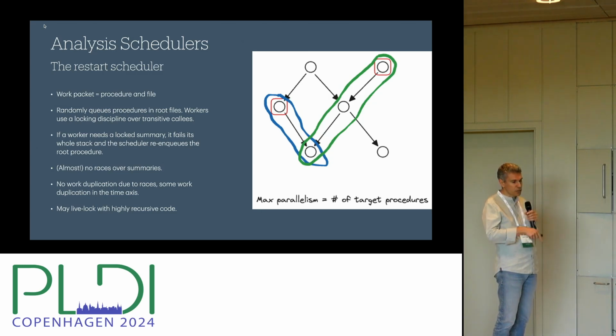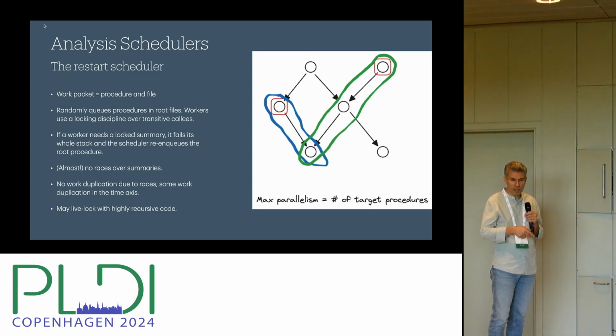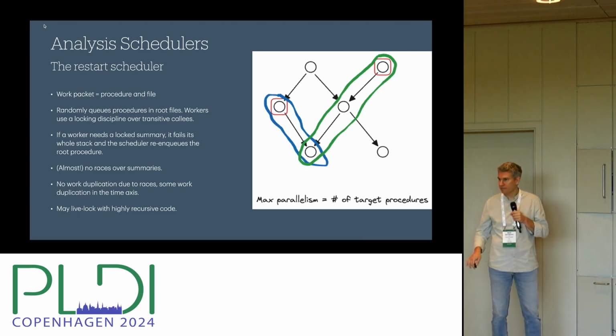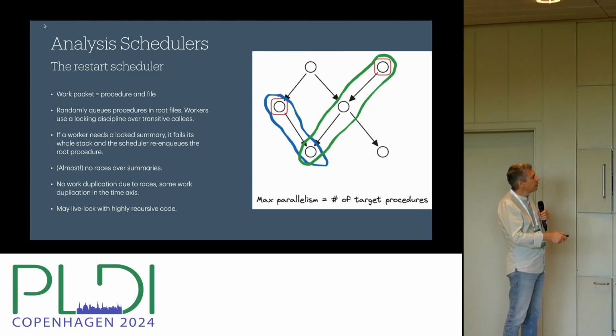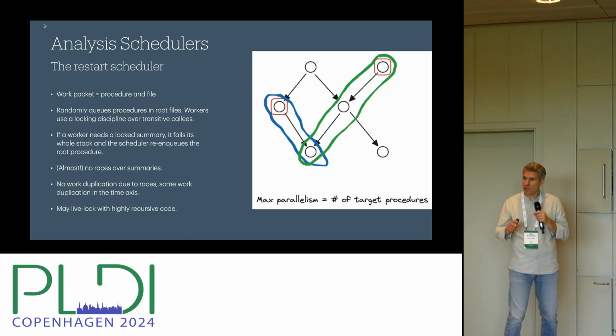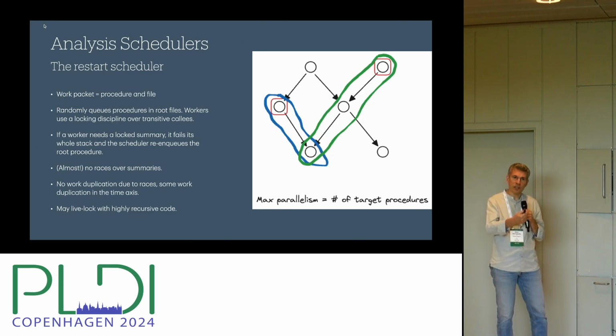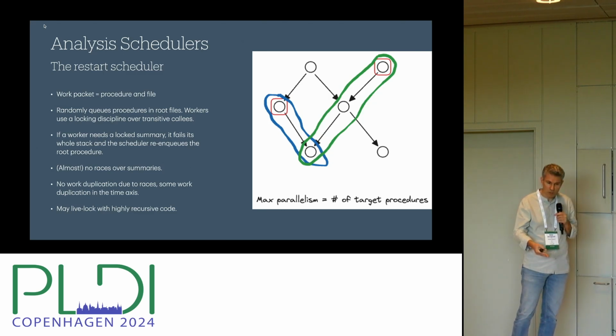We schedule the procedures in the files that we want to analyze, so we don't look at any graph. We don't do any pre-computation of the graph. So here, let's say we have just these two procedures to analyze. We start analysis from those, and every worker will take one of these, and then start an on-demand analysis as usual.